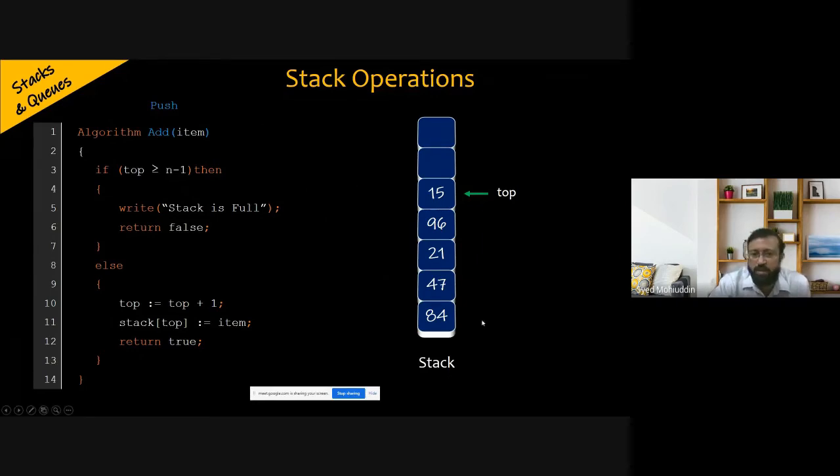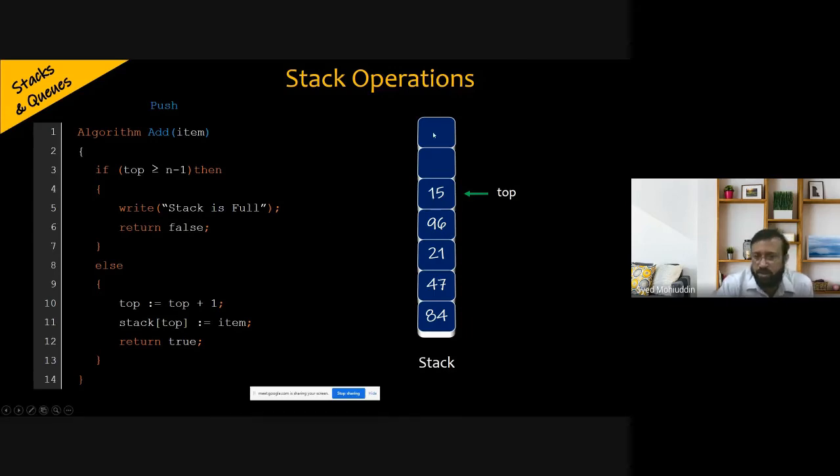Since this is the array-based representation of stacks, where we take an array to hold the elements of the stack, the very first step in the algorithm is to check if the stack is full. That is, if top reaches n minus 1 or is greater than n minus 1, that means the whole capacity of the array is full. Top, which is nothing but the index, has exceeded the capacity, so we cannot insert the element. So we say the stack is full and we return false. That is, we cannot push, add or insert an element in the stack.